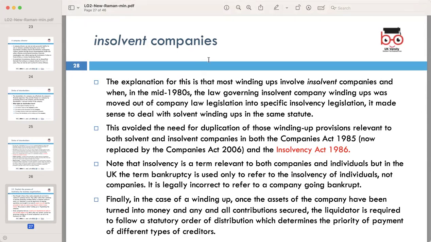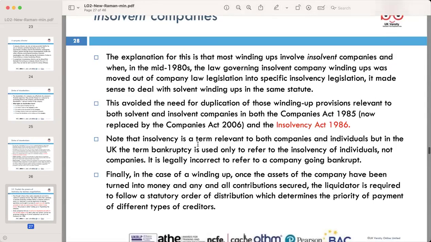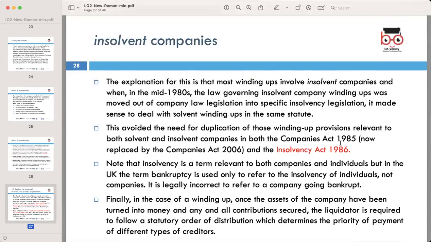Most winding ups involve insolvent companies, and consolidating both types of winding up provisions in a single statute, rather than duplicating them in the Companies Act 1985, which is now replaced by the Companies Act 2006, and the Insolvency Act 1986, proved efficient in the UK.